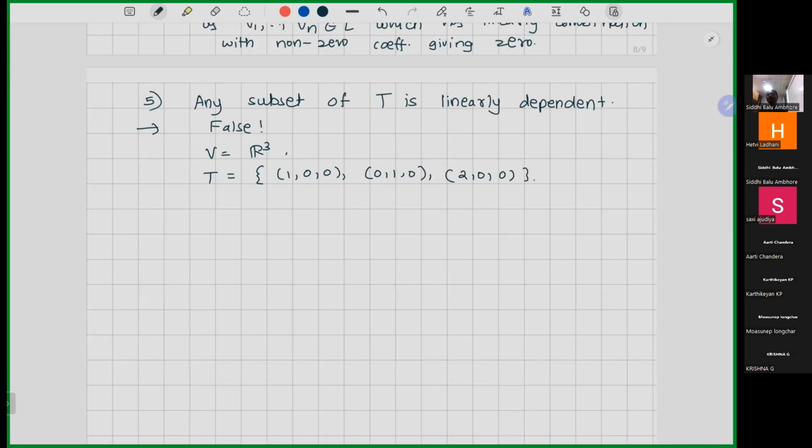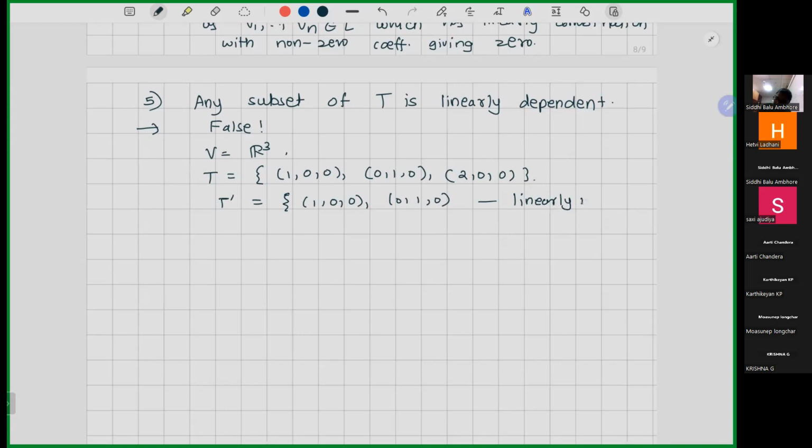As Hetvi said, it need not be linearly dependent. It could be, but it need not be. For example, if I take this subset T' of (1,0,0), (0,1,0), then this is linearly independent.